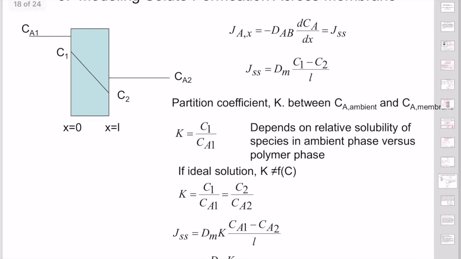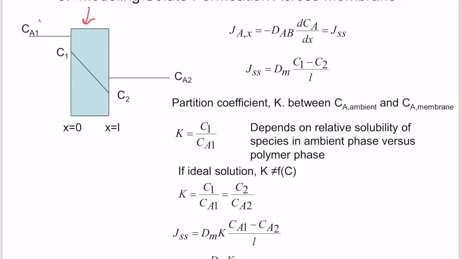So in this case, here's our membrane here. We have C sub A1, the high concentration on one side of the membrane. C sub A2 is the lower concentration on the other side of the membrane. And so there's going to be diffusion across the membrane from the high to the low.